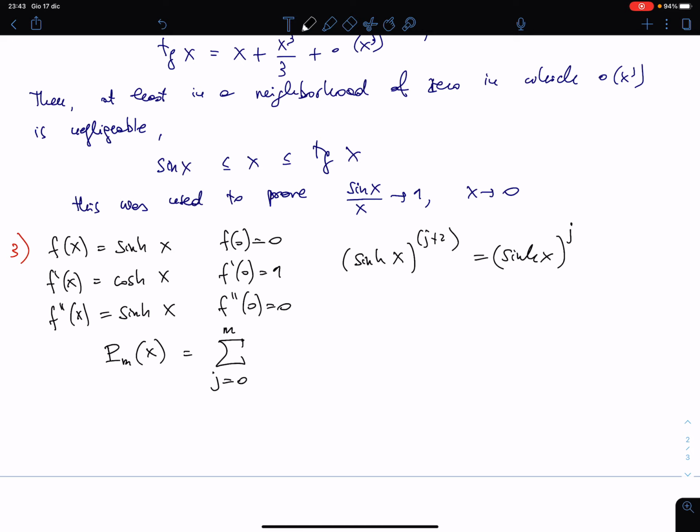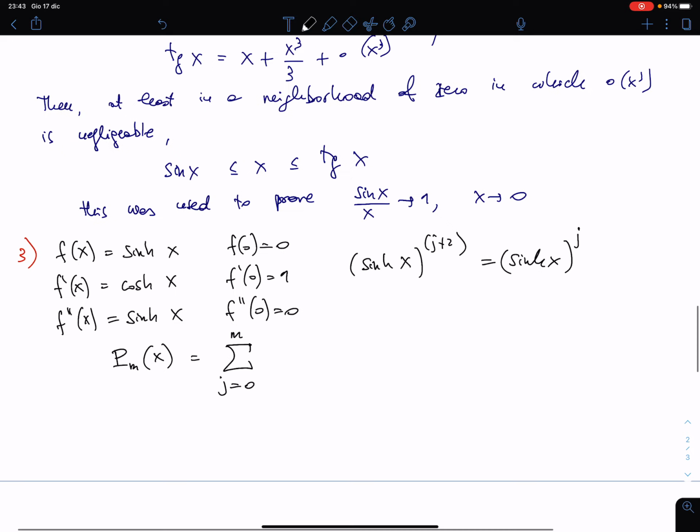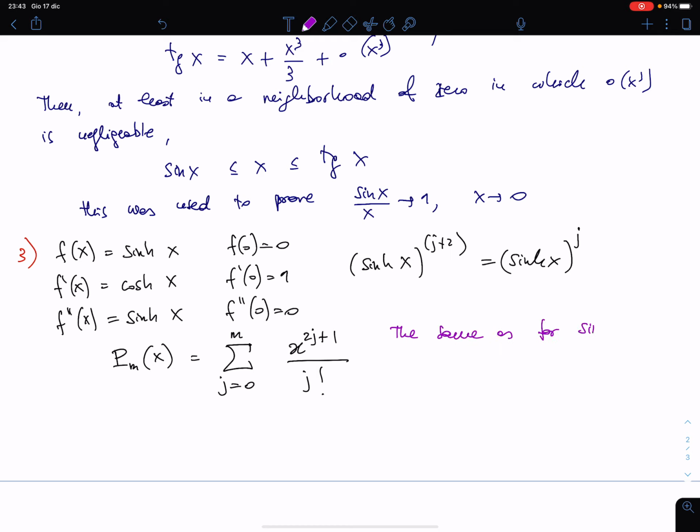Only odd terms survive here. So again, you have x to the power 2j plus 1 divided by (2j plus 1) factorial. So it is the same as for the case of sine, but with positive terms, so with no factor minus 1 to the power j.